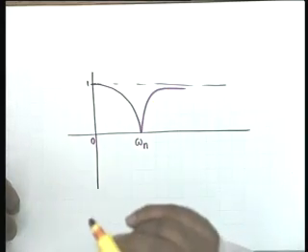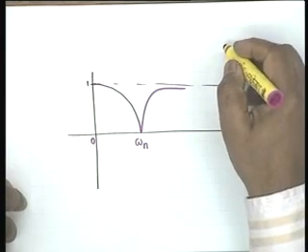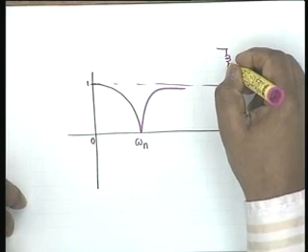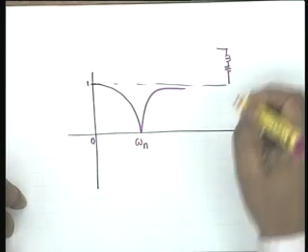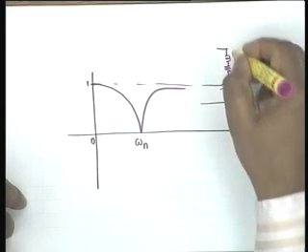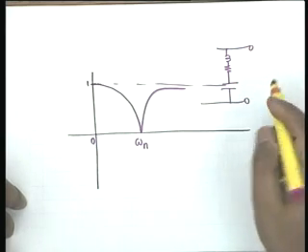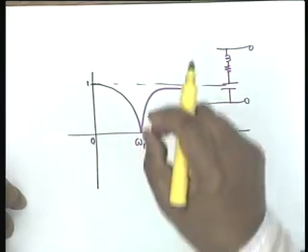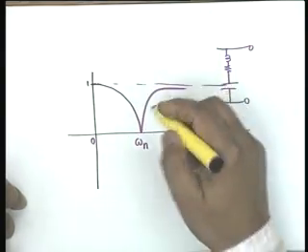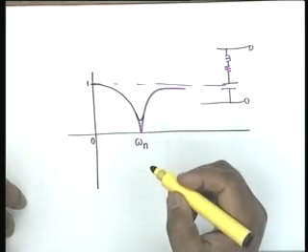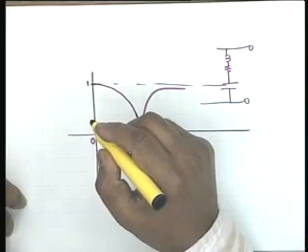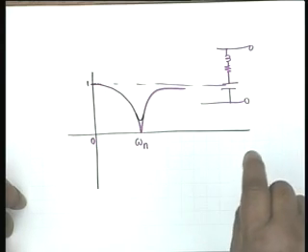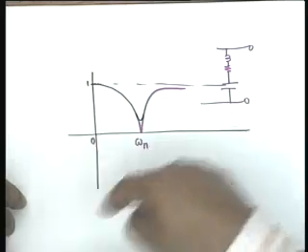However, let me point out, if your output was taken across a real inductor which has a small resistance in series and a real capacitor, then this sharp dip to 0 would have rounded off like this. Then it is differentiable. Okay? And there would not be a discontinuity in the phase. Phase would also be smooth.